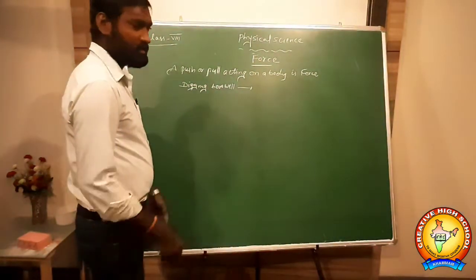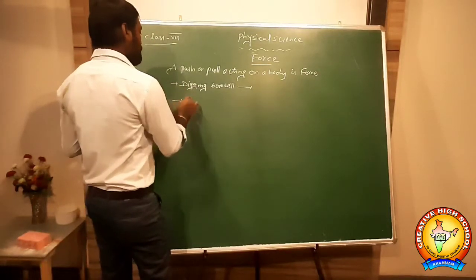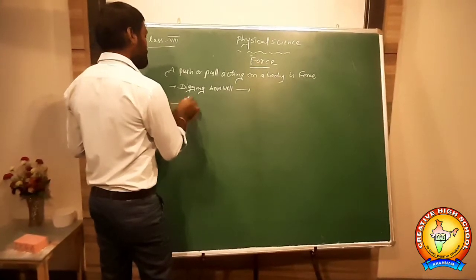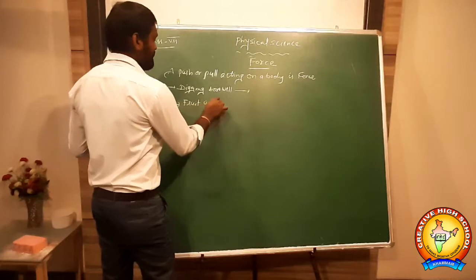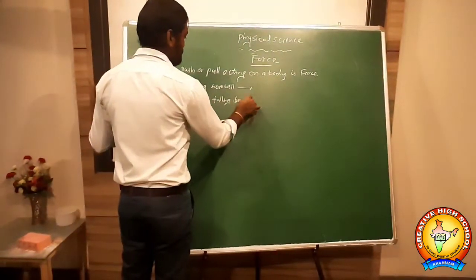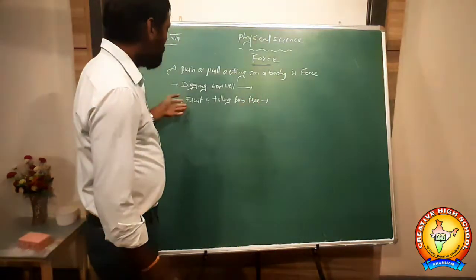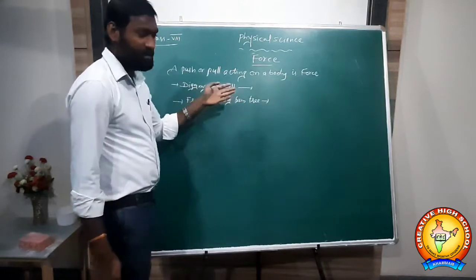A fruit is falling from a tree towards the ground, towards the earth. What is the push or pull acting here? We have identified a push or pull acting here.